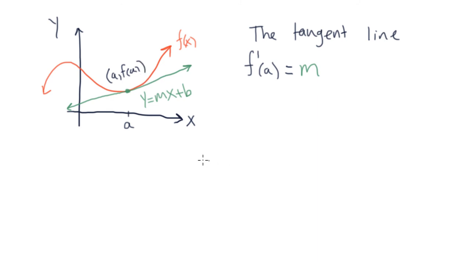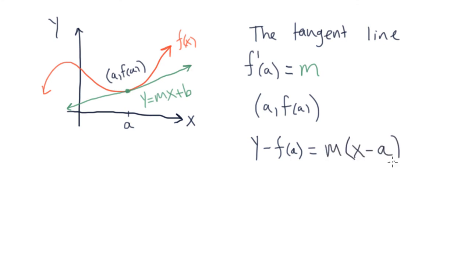It's the point where the tangent line just barely touches the function. So (a, f(a)) is a point on the line, so the tangent line really is y minus f of a, using point-slope form, equals m times (x minus a).